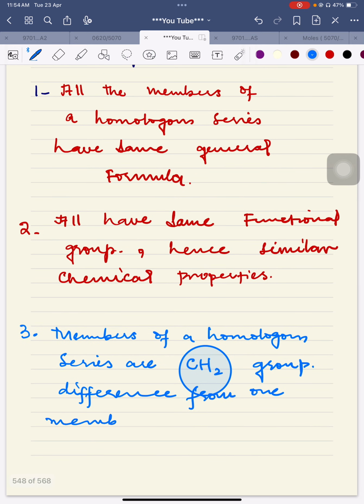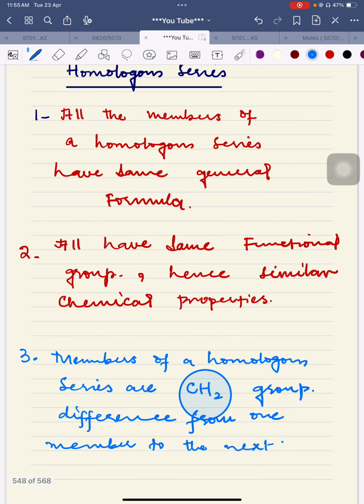So these are the three properties of a homologous series which a student should know. Okay, same general formula, same functional group. Same functional group means same chemical properties.